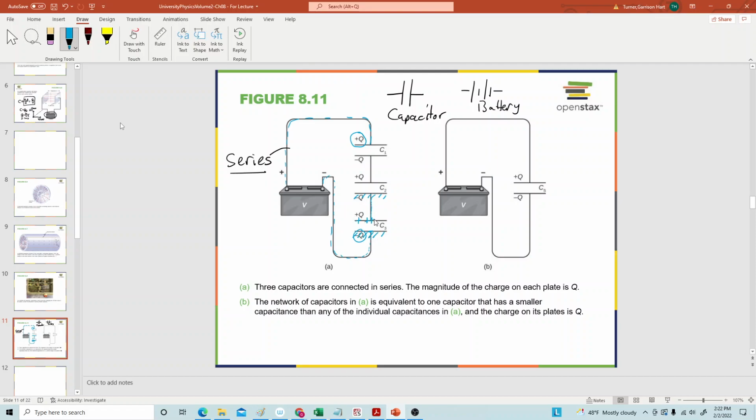You'll have positive charges on this plate, and the negative charges repel the negative charges from this plate, so you're left with a positive plate, and the negative charges are deposited on this plate. So the process is essentially symmetric around everything. But you have just one loop.